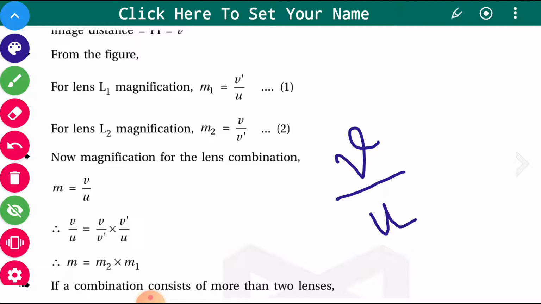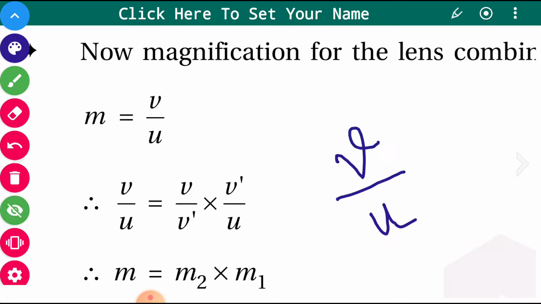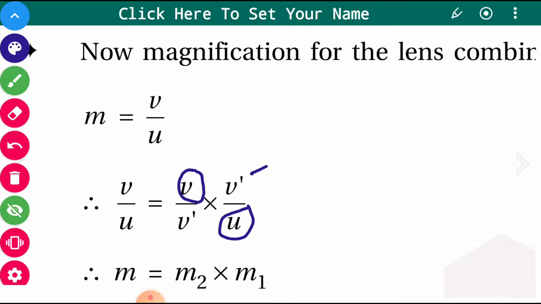So v upon u is kept as it is, and we are multiplying and dividing by v prime.